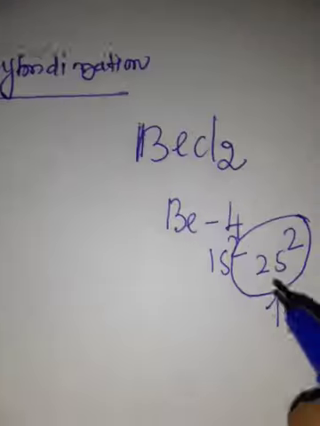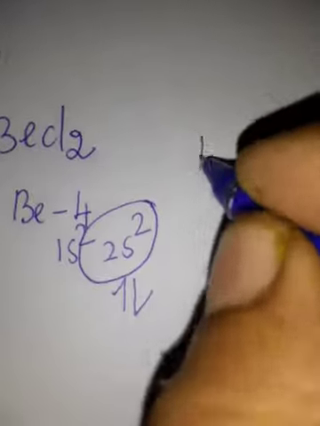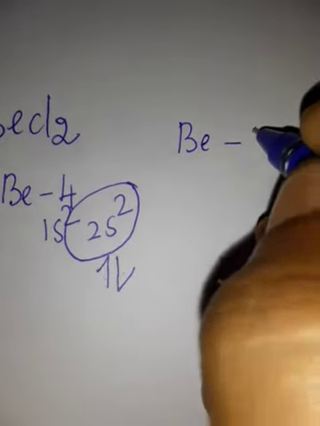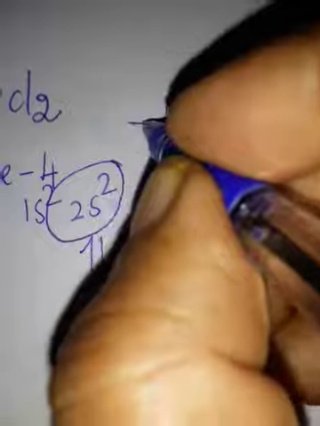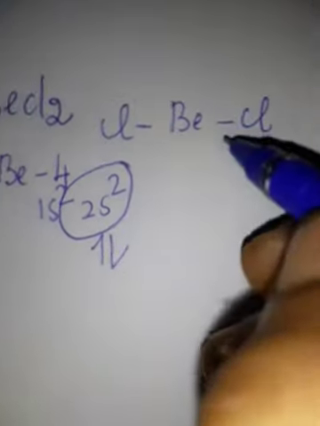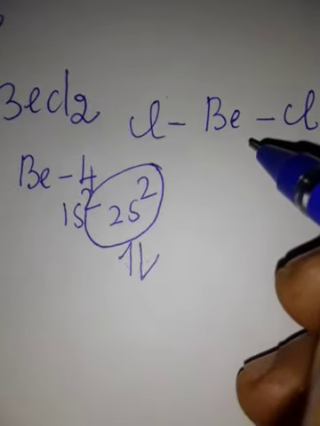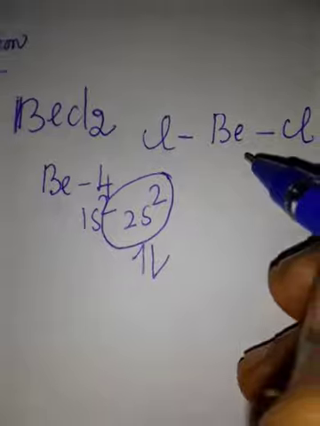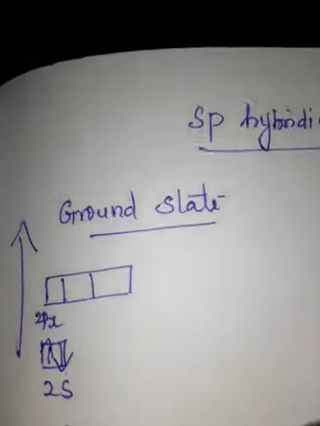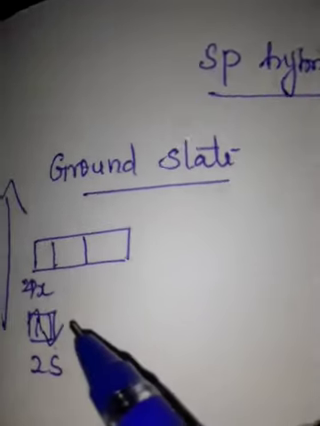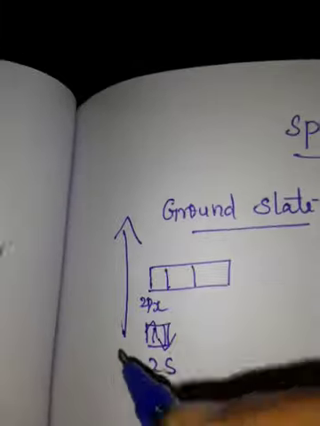Now in this beryllium chloride, beryllium is the central atom and there are 2 atoms on both sides of the beryllium. This is in linear shape. So here, this is the ground state energy.